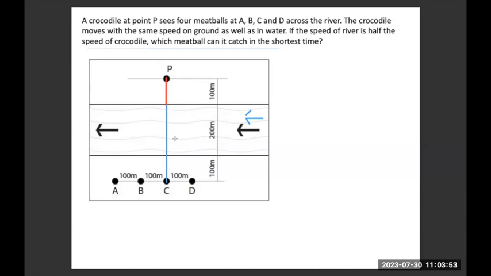But the river is moving, and the displacement. So, which means if this relationship between the speed of the river and the crocodile is half, the speed of the river is half.